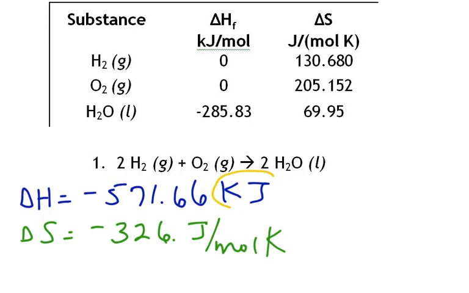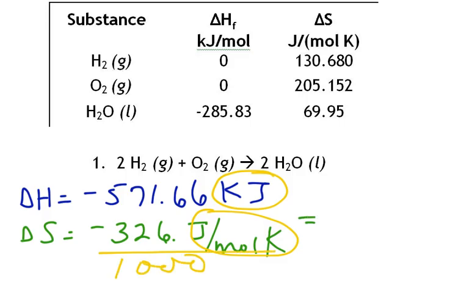Your units have to be the same, otherwise you're going to be comparing apples and oranges. So in order to convert our joules into kilojoules, we're going to divide that value by 1,000. So it's equal to negative 0.326 kilojoules per mole Kelvin.